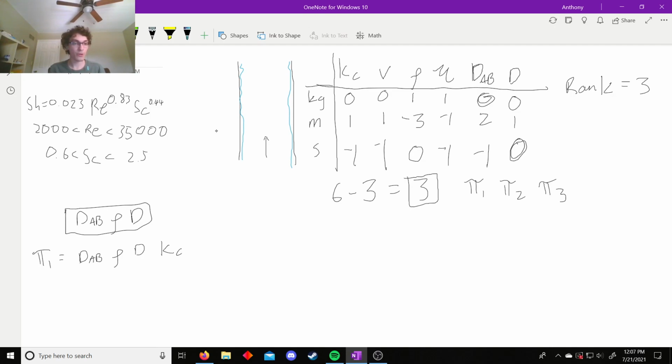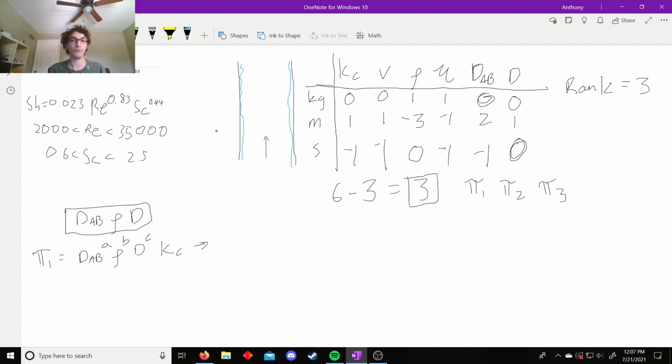And the way this is going to work is that there are powers that are unknown to us in our core group, and then our non-core group variable is just going to be to the power of 1. And what we're going to do is determine these powers in order to make this expression unitless.